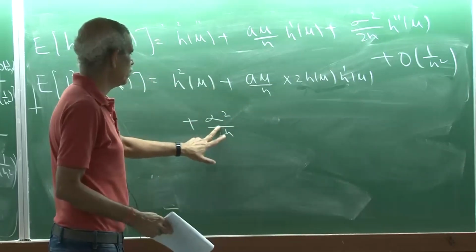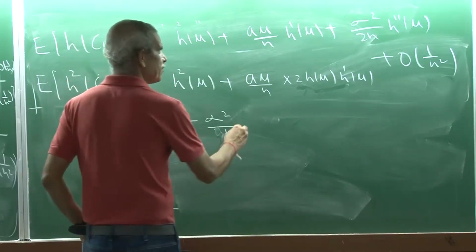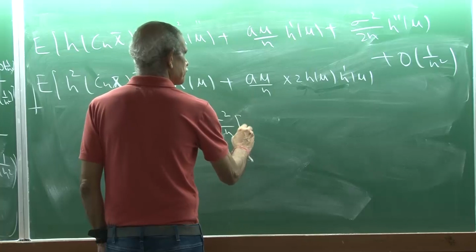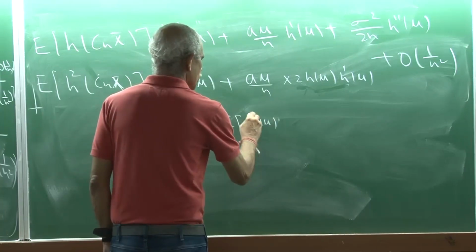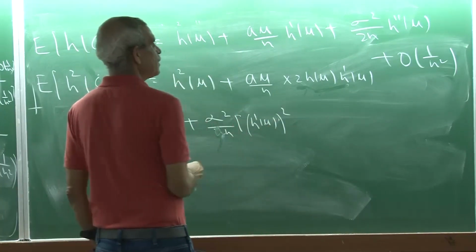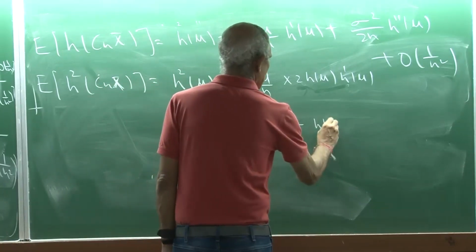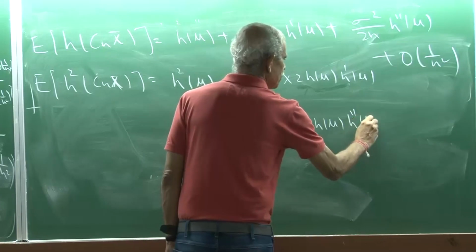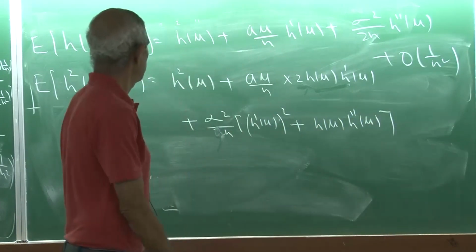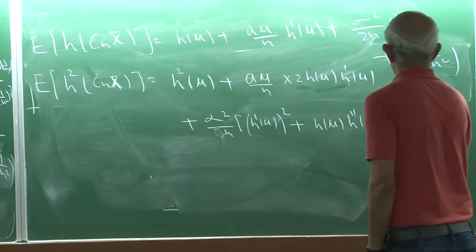Derivative of this with 2 gets cancelled, and you are left with h prime mu whole square plus h mu h double prime mu plus big O 1 upon n square.